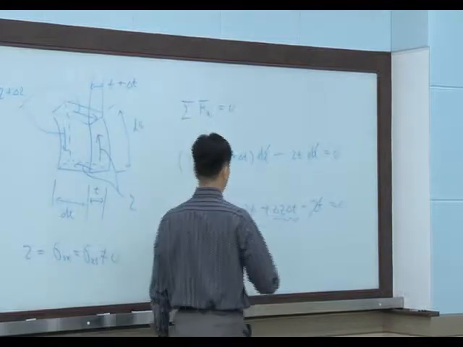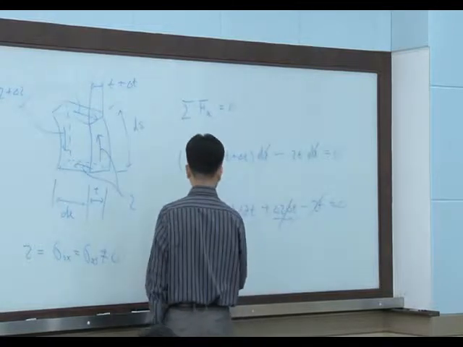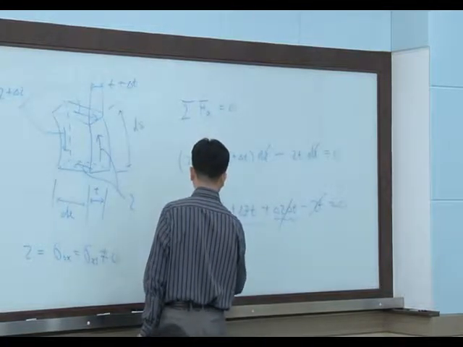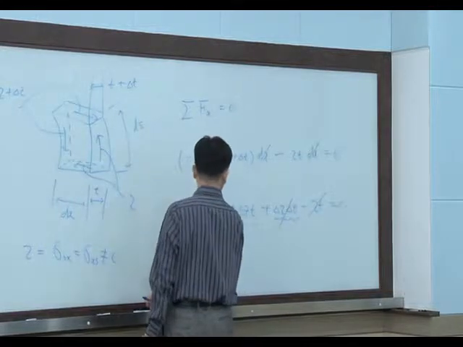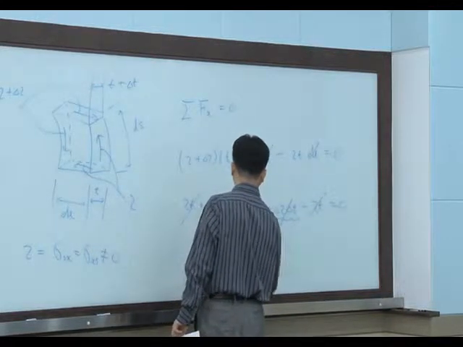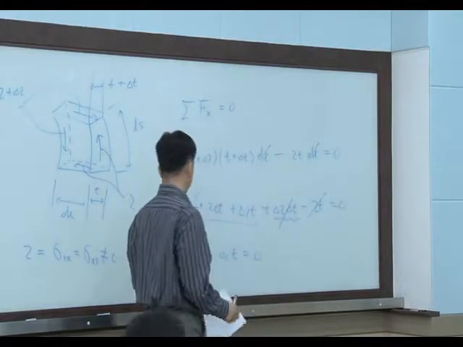So finally we have tau delta t plus delta tau t equals 0.